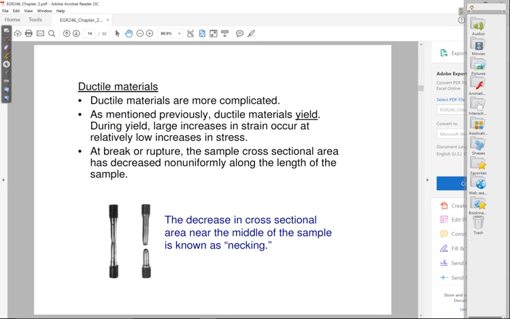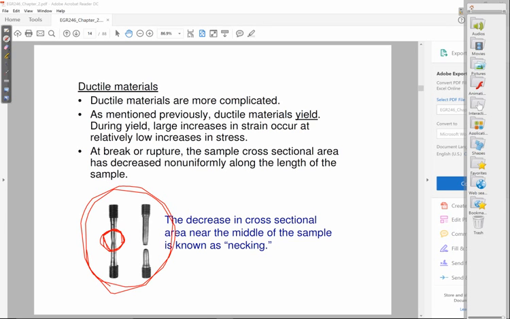So this is a picture that shows a piece of steel right before it broke during the tension test, and then after it breaks during the tension test. You can see that it forms what's called a neck, which is this region in the middle that really thins out. Okay, and then ultimately that's where the piece of steel is going to break.